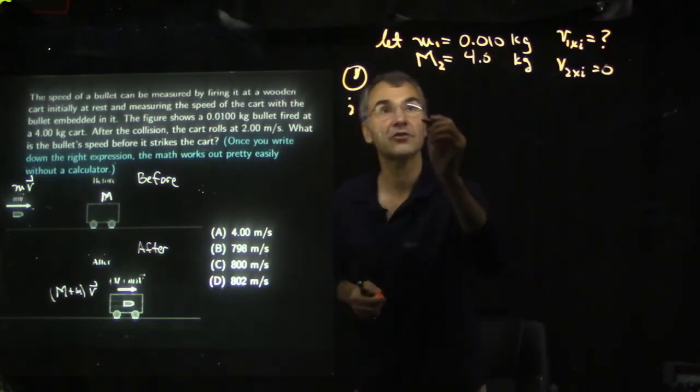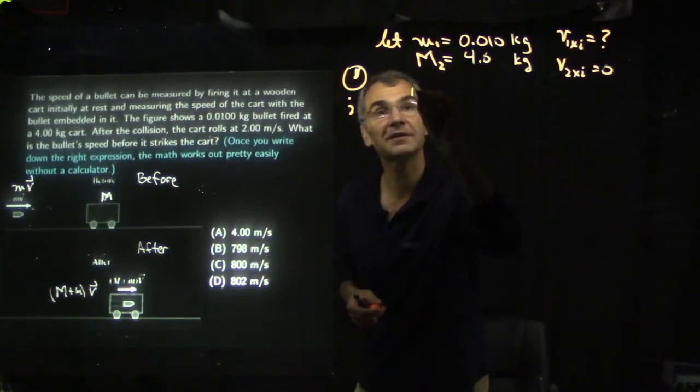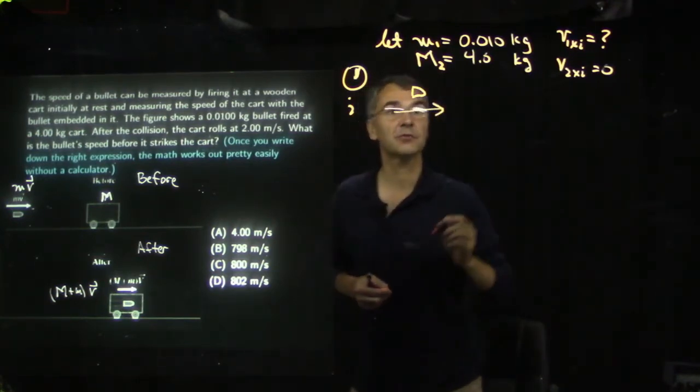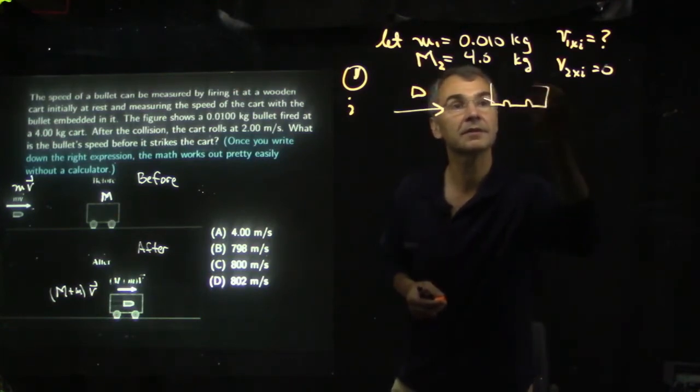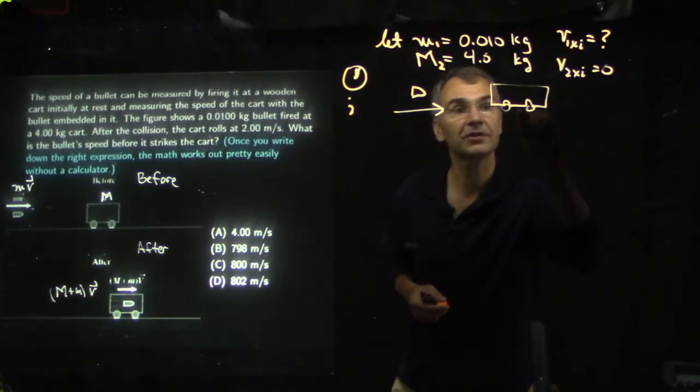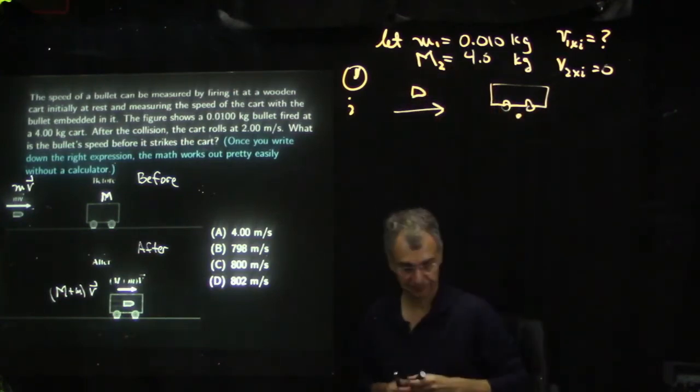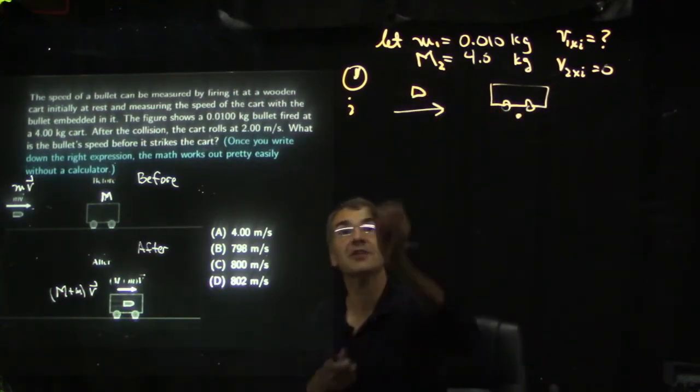So I guess we have the bullet, which is moving at some large unknown speed, and then we have the cart, which is at rest.